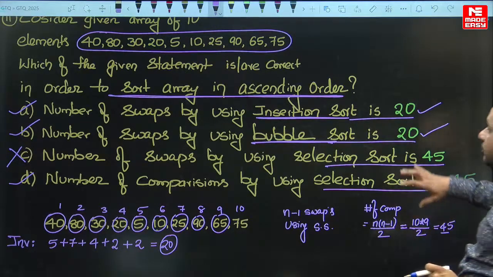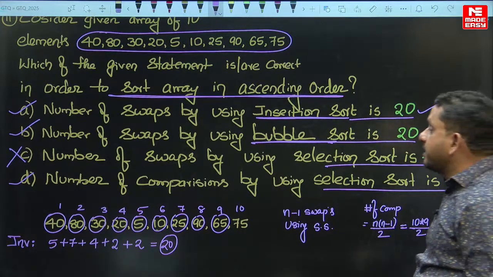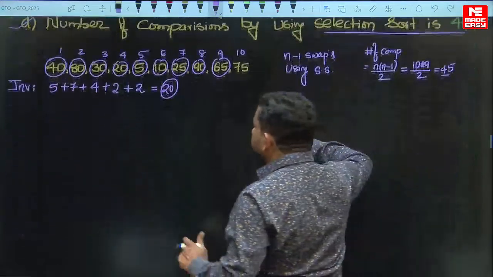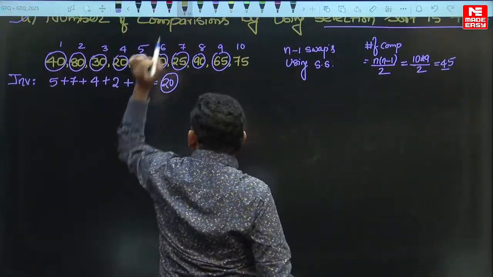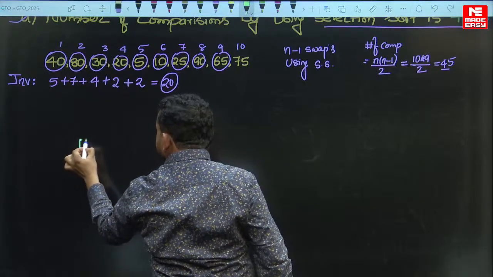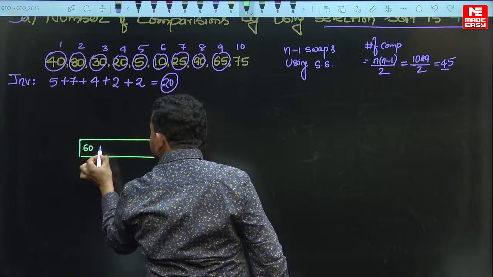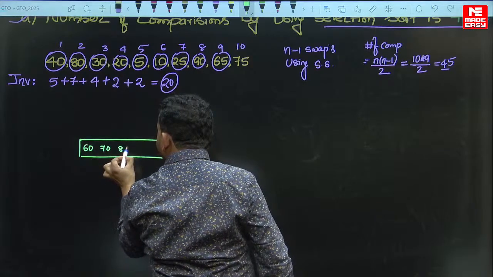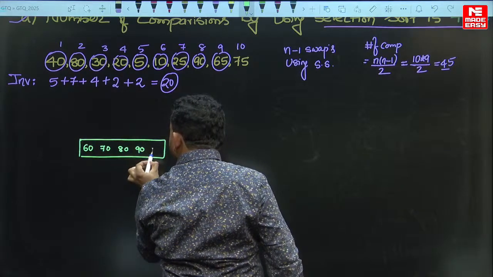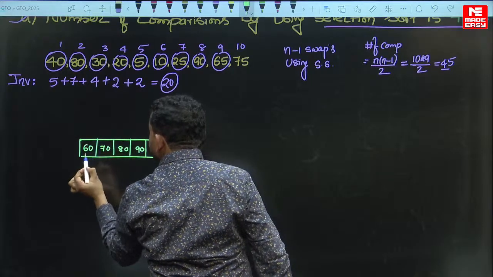So one question they are asking, about the 2024 DA question. Five elements are given, like 60, 70, 80, 90, 100, whatever the elements, and it's already in sorted order.